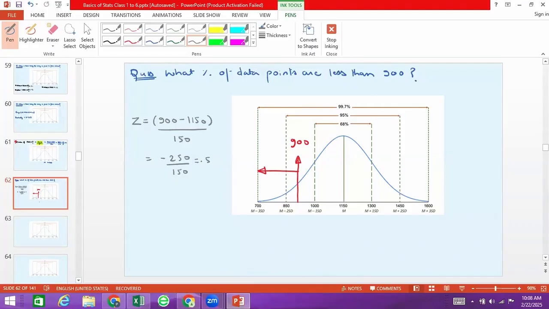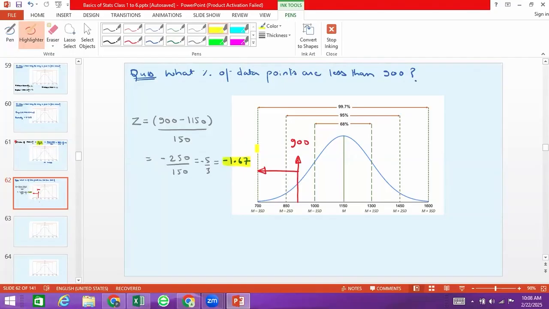Minus 5 by 3, that is minus 1.67. It's not 1.67, it is minus 1.67. Okay. The Z value is minus 1.67.